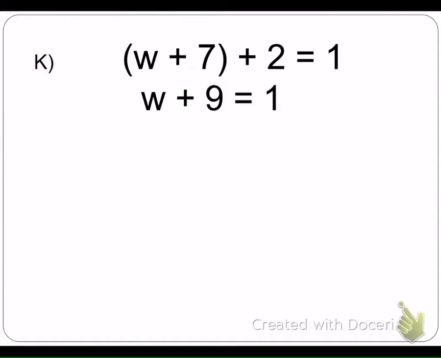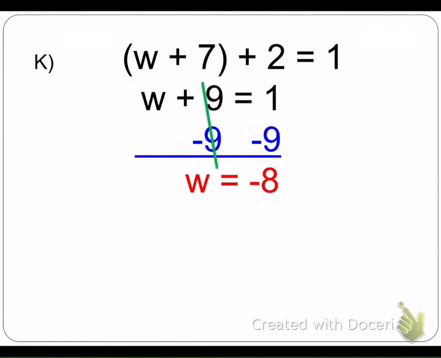All right, and now it's just like a regular one-stepper like we talked about yesterday. So instead of adding 9, I want to undo the adding 9, so I'm going to subtract 9 from both sides. Cross those out. And then 1 minus 9 is going to be a negative 8.